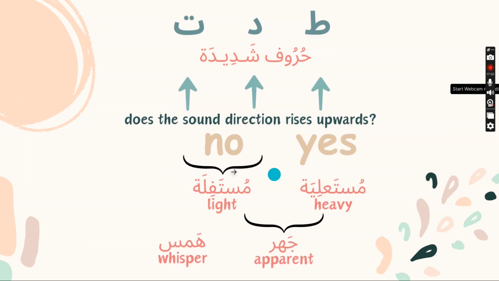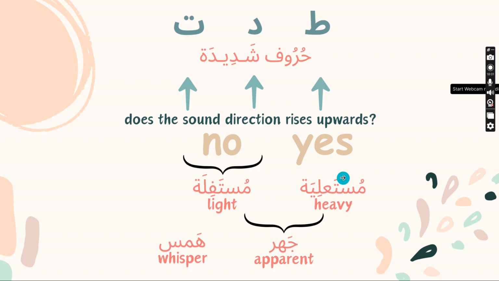Okay, so this is a conclusion to what we were saying. Now they are all huruf shadida. Does the sound direction rise upwards in all of them? No, it's just with the ta, but not with the dal and the ta. So the ta is mustaliya, it's heavy, but the dal and the ta is light.